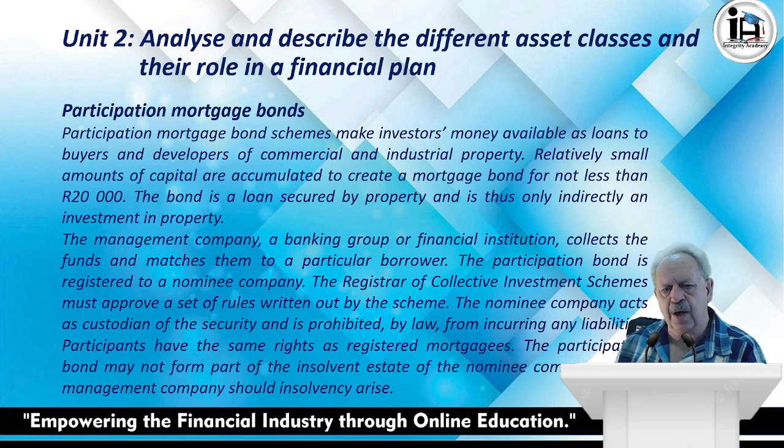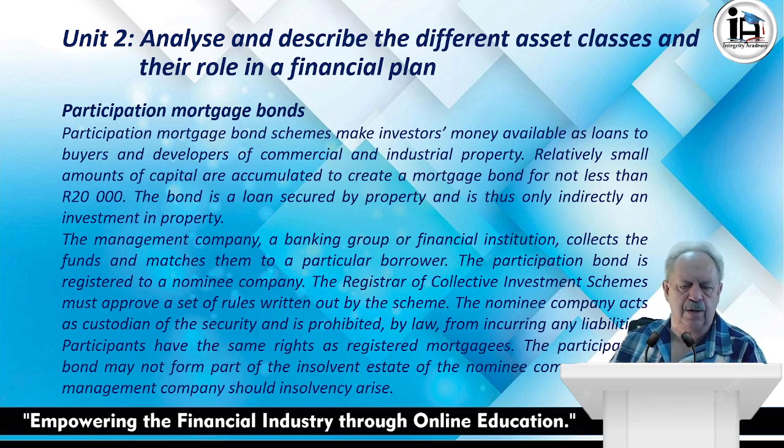The management company, a banking group or financial institution collects the funds and matches them to a particular borrower. The participating bond is registered to a nominee company. The registrar of collective investment schemes must approve a set of rules written out by the scheme. The nominee company acts as custodian of the security and is prohibited by law from incurring any liabilities.